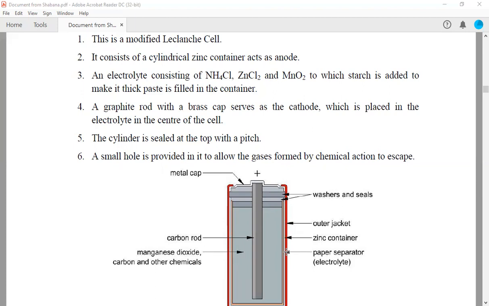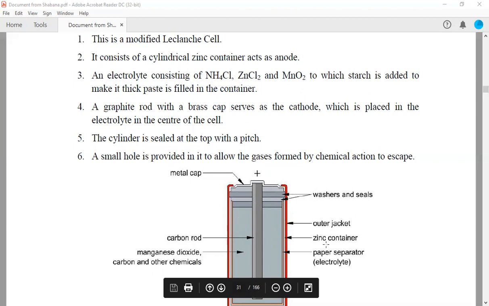The anode of the cell is zinc. That means it is a cylindrical container which is made up of zinc, which acts as an anode.